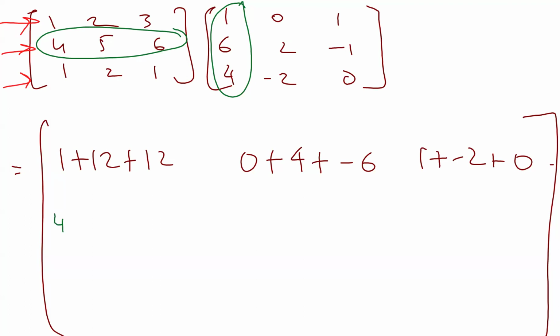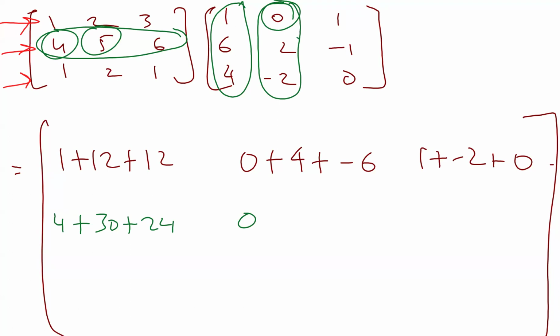Correct. Plus 5 into 6 is 30, plus 6 into 4 is 24. Now same row we leave some space and we do 4 into 0 is 0. Correct. Second row, second column.